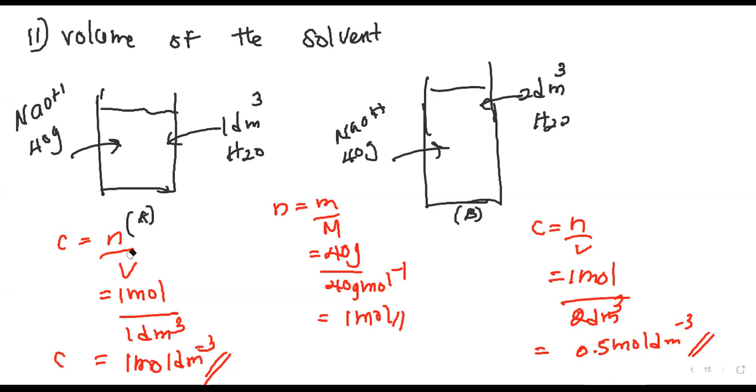I have added the same amount of sodium hydroxide, 1 mole into beaker A and 1 mole into beaker B. But I have used 1 decimeter cube of solvent in beaker A, and 2 decimeter cube in beaker B. So though the same amount of solute is mixed, when you increase the volume of the solvent used to make the mixture, the concentration of the solution decreases.